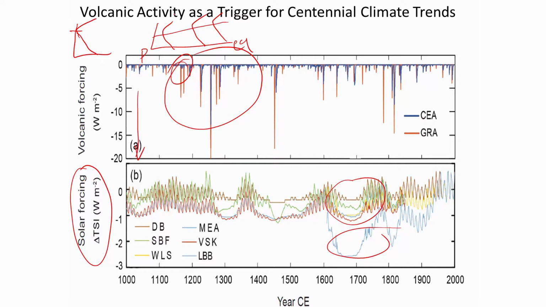So, a volcano in Iceland, which is at high latitude, can easily put more dust into the stratosphere than a volcano in Indonesia, which is sitting in the tropics. The volcano in the tropics has to be much more powerful to reach the stratosphere, whereas the volcano in Iceland can easily get into the stratosphere.